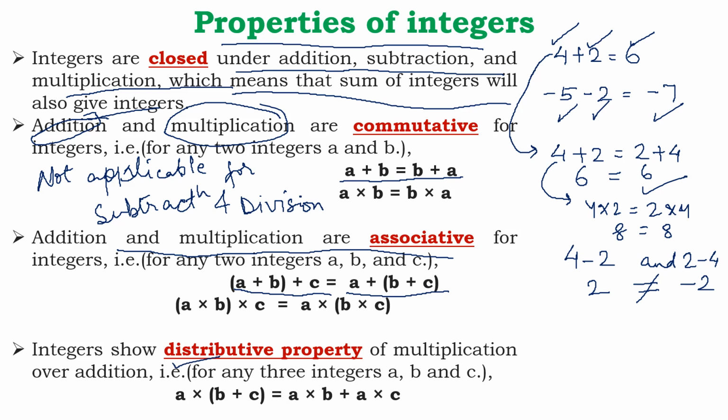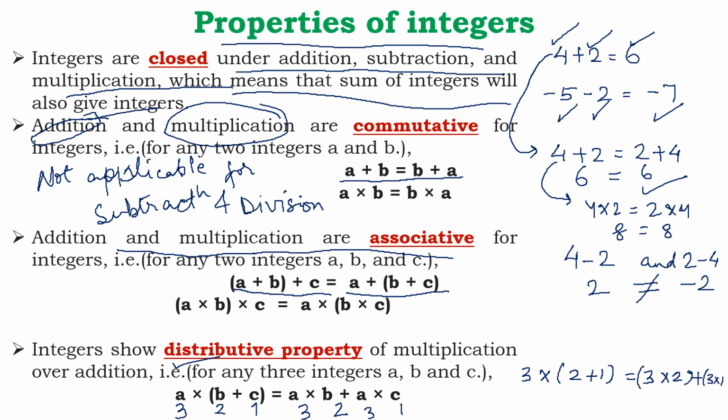Let us check it with an example. Let us take A as 3, B as 2 and C as 1. So then 3 into (2 plus 1) equals 3 into 2 plus 3 into 1.